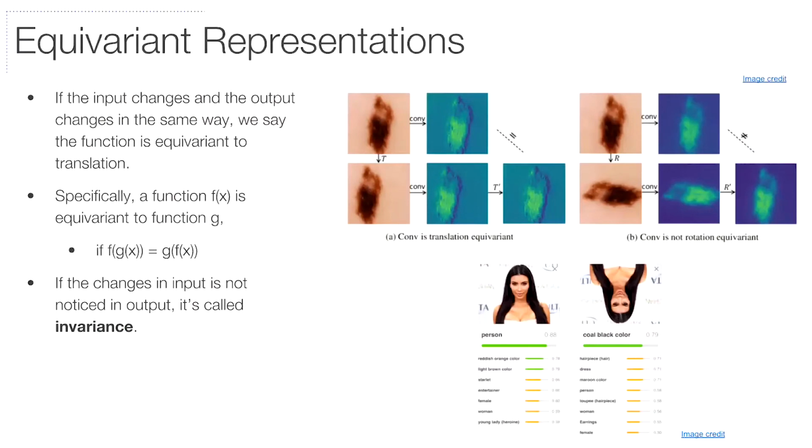The last one is the equivariant representation. I see most of you now perking up in your chair and getting interested. I'm talking about the amoeba-like structure on the top. Equivariant means if there is a change in the input, then there is an equal change in the output. That is, if there is a displacement of 1 pixel in the input, there will be a displacement of 1 pixel in the output.